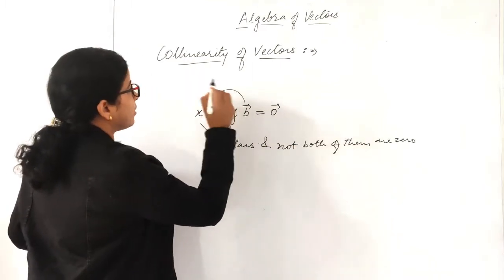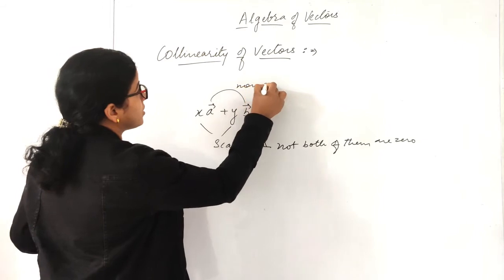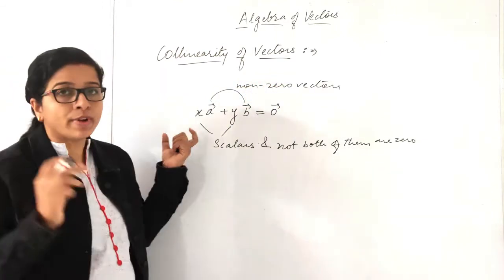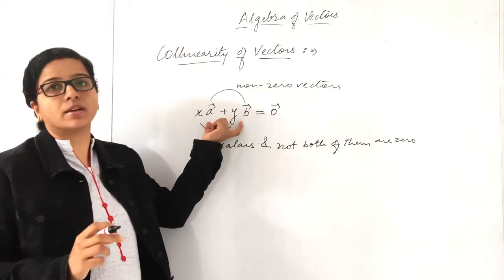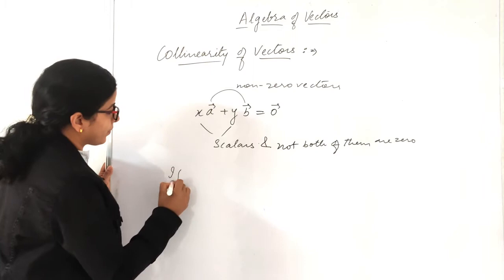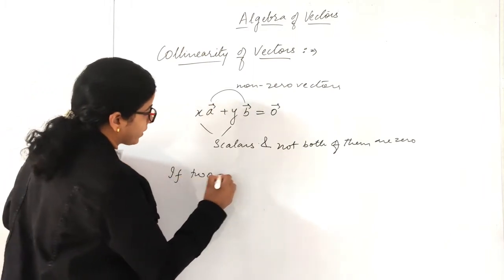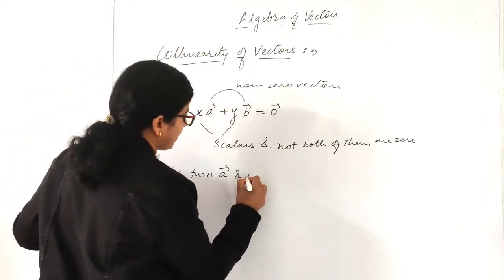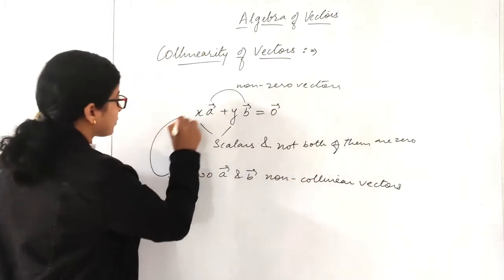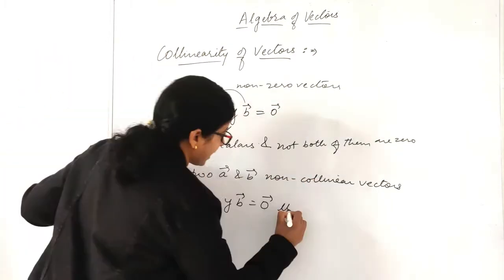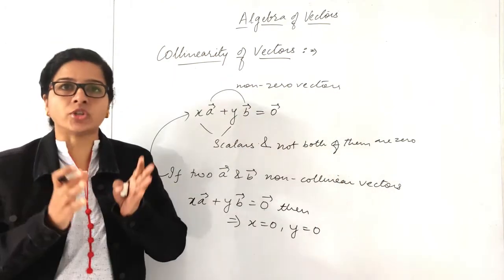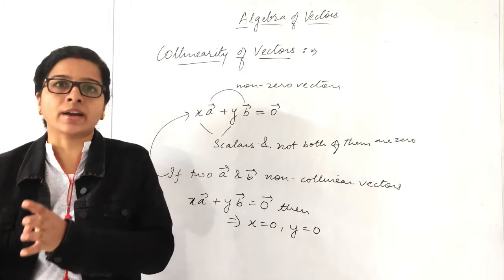Here my A and B vectors are non-zero vectors, and they can be collinear if and only if they satisfy this condition. Is that clear? Now the second thing: if A and B are non-collinear vectors but they satisfy this condition, then this implies x and y are 0. So this is the general criterion about the collinearity of vectors.